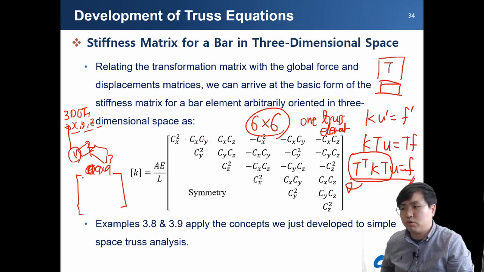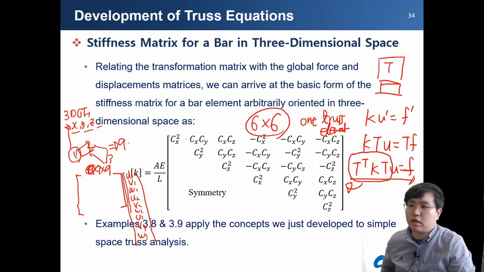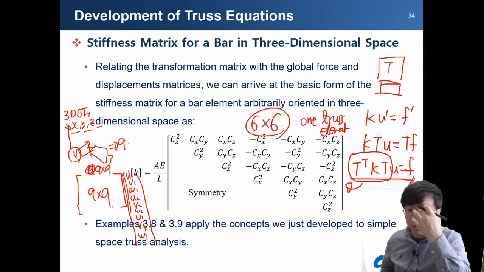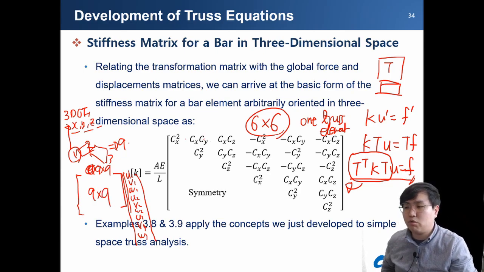So each nodal point has 3 degrees of freedom, and the total degree of freedom is 9. That means u1 v1 w1, u2 v2 w2, u3 v3 w3. So the vector size is 9 by 1, and the local and global stiffness matrices must become 9 by 9.